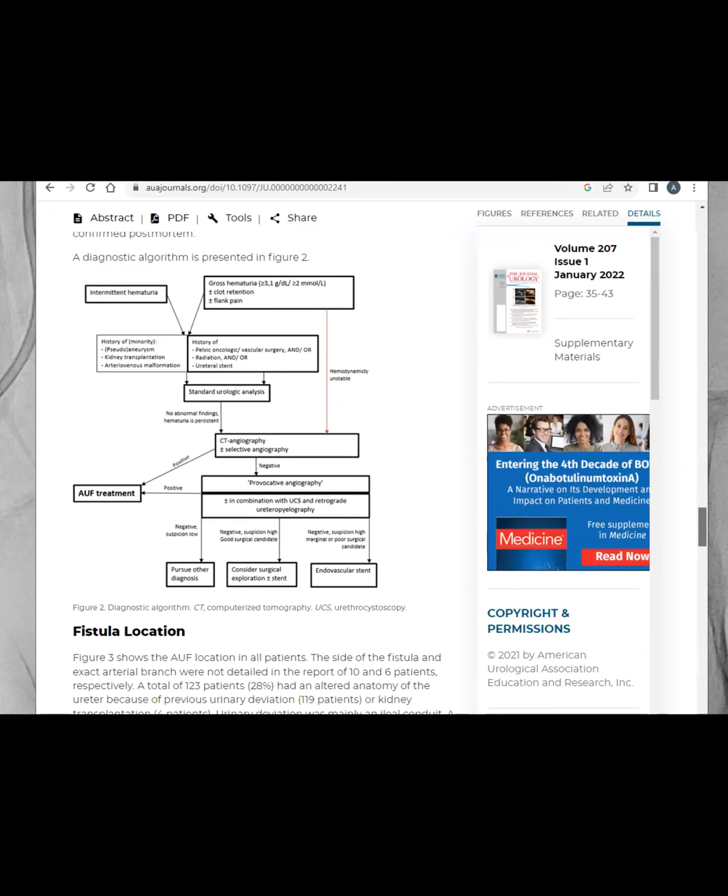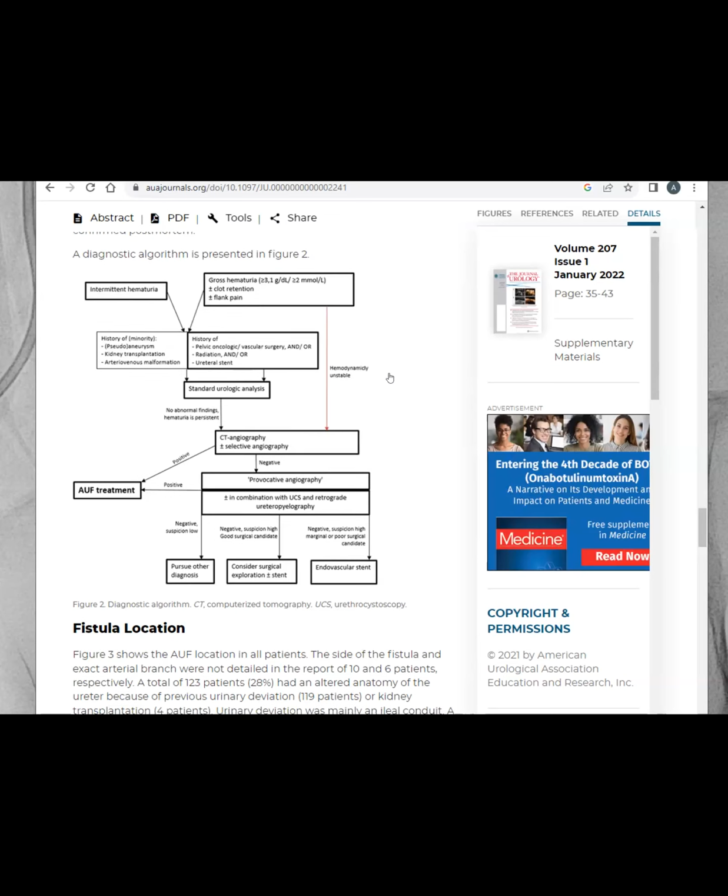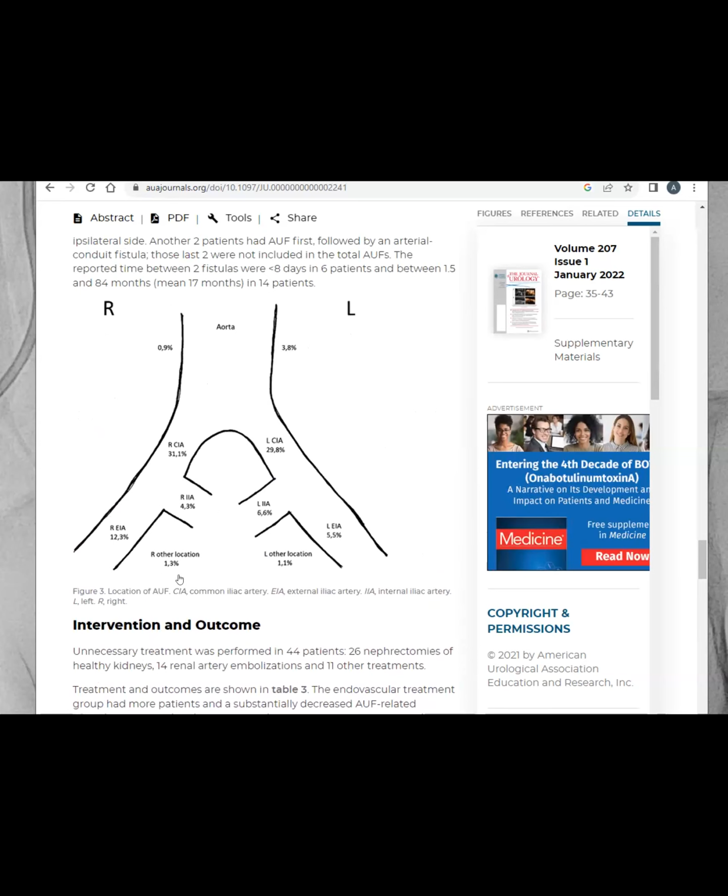This is their paradigm: they often have intermittent hematuria, then some massive hematuria. Their risk factors are ureteral stent and radiation. If it's positive, you go to treatment where you put a stent over it. And these are the locations: it's frequently the common or external iliac arteries where the ureter is crossing over.